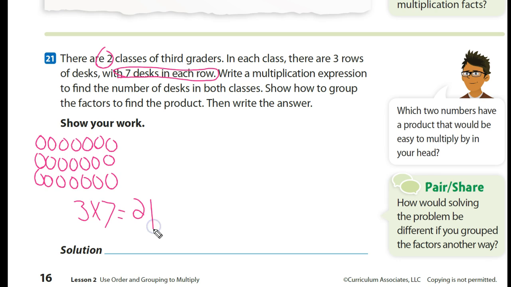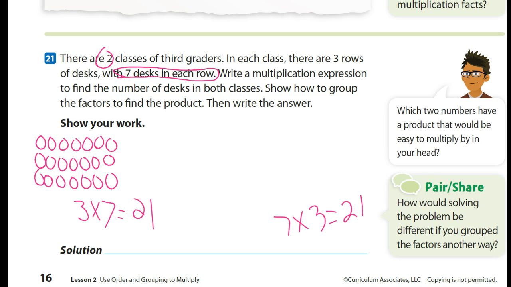It's 21. Or you're right, we can do 7 times 3, which is 21. The way I use my array to make that is the first number tells me how many rows.